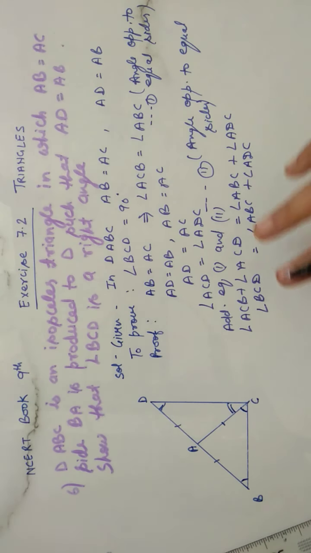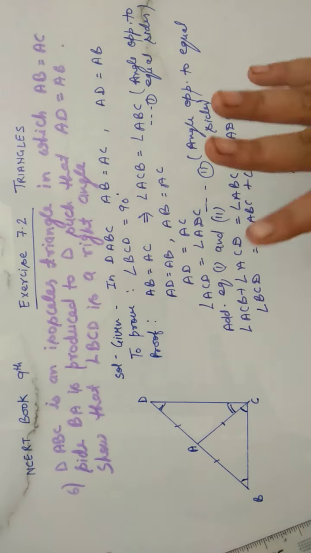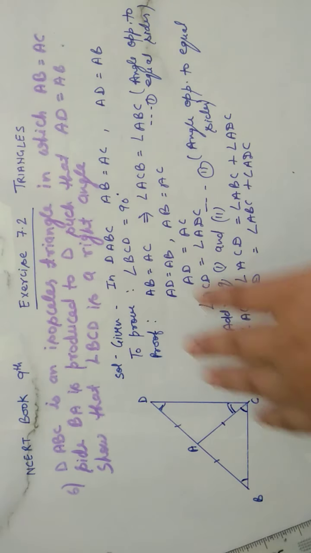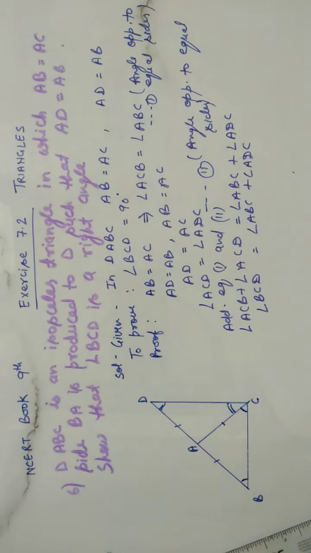Now see what we need. We need to show BCD is a right angle. So we have two methods. First, we can add angle BCD on both sides, or we can take this whole triangle and use the sum of all the angles, which is equal to 180.